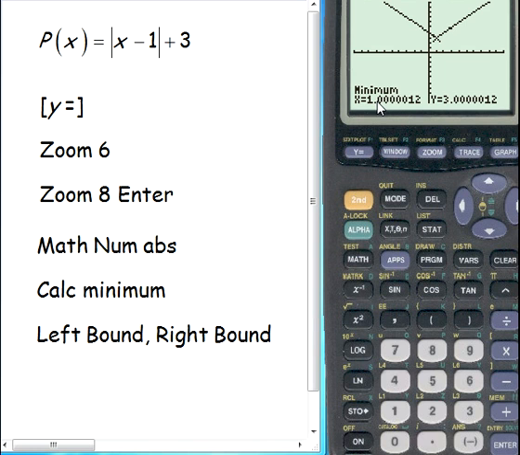I'm not sure why it has this decimal way out there, but the actual minimum value is 1, 3. Sometimes, based on how the calculator calculates these graphs, you'll get a point very close to the actual value. But if this is rounded, it comes to the point 1, 3.